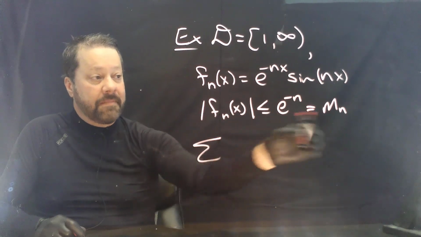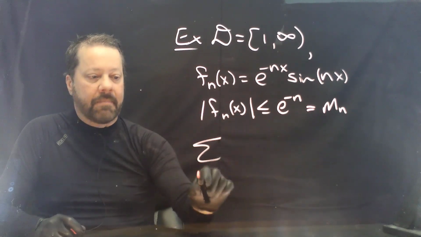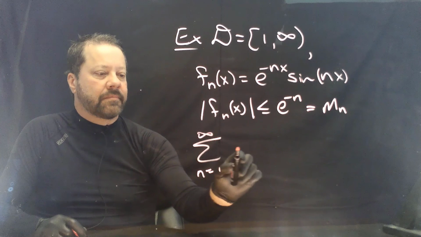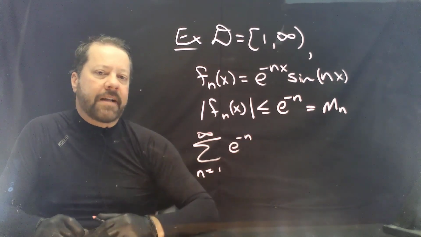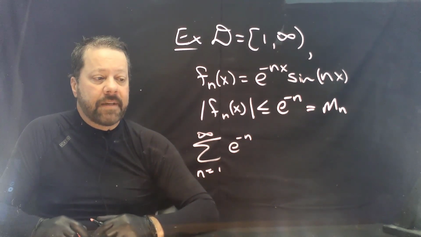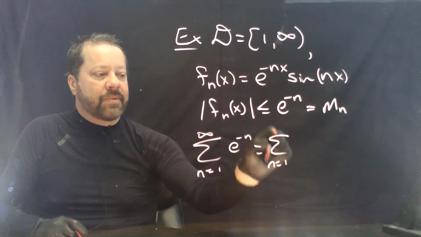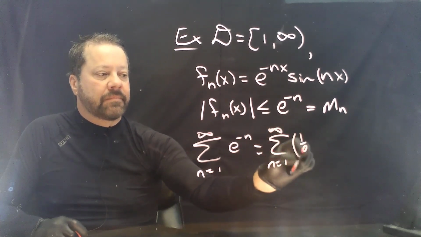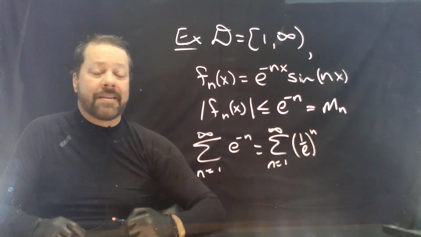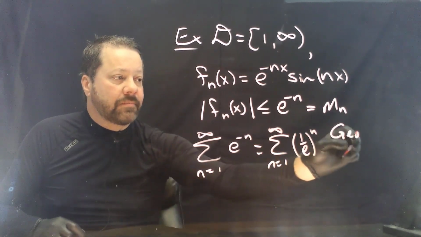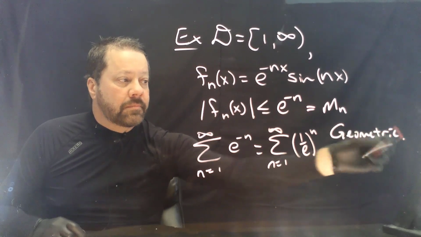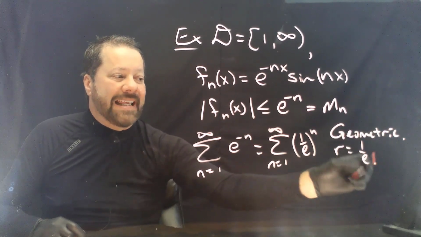Do these constants sum? Do you get a finite value for this series? The answer is yes. It might be easier to see if I rewrite it in this way, because now you can see that this is geometric with a common ratio of 1 over e.